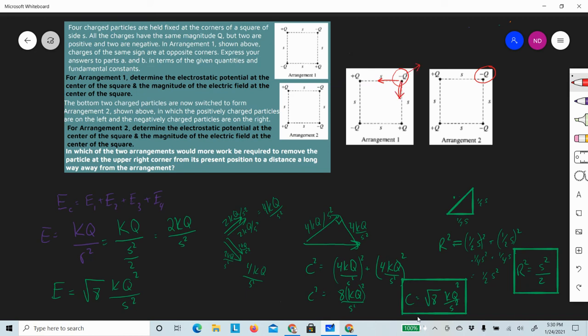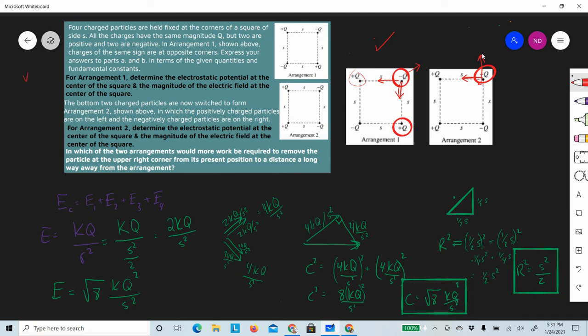It's going to be attracted by these two there. There'll be an attraction here. There'll be a repulsion there, and there'll be a small attraction that way. Which is going to have a rougher time getting them away? The first arrangement.